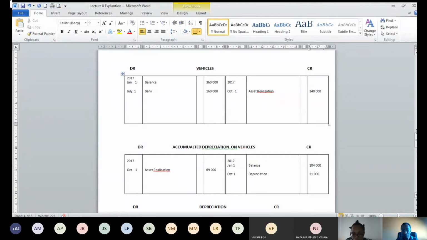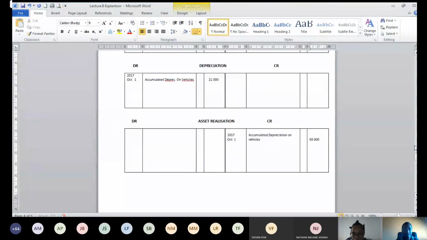And my asset realization account must have a debit entry. 2017, October the 1st, I debit my asset realization account with vehicles. And the amount of the cost price is 140,000 rand.